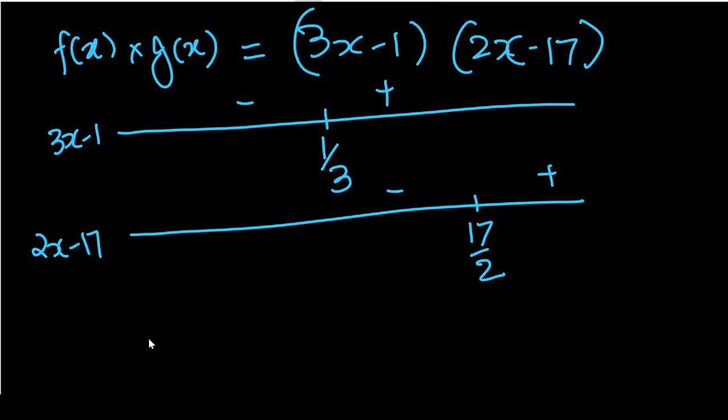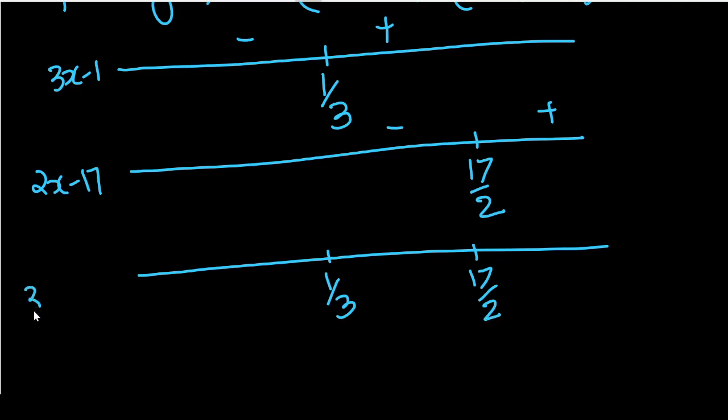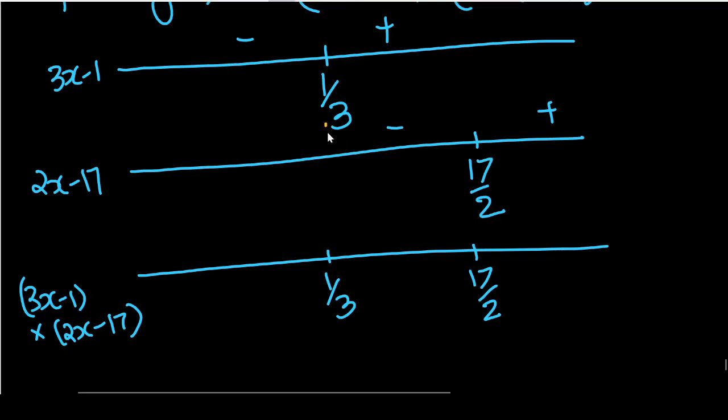Now if I plot both of these two points on the same number line, guys, I will plot 1 by 3 and 17 by 2. Now I am interested in their product. What is the sign of their product, 3x minus 1 into 2x minus 17? As you can see here, I will join this.